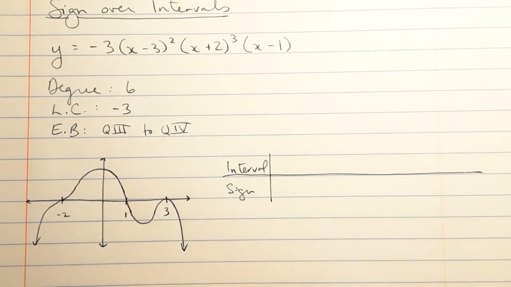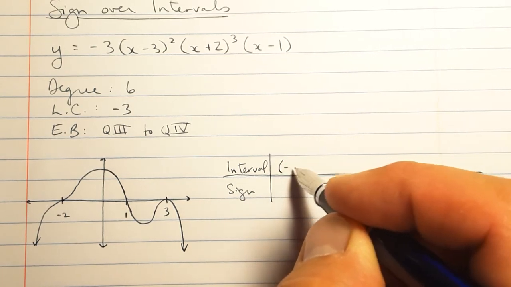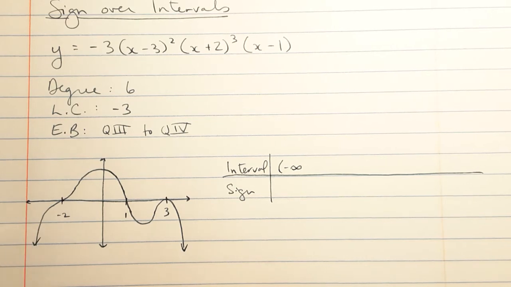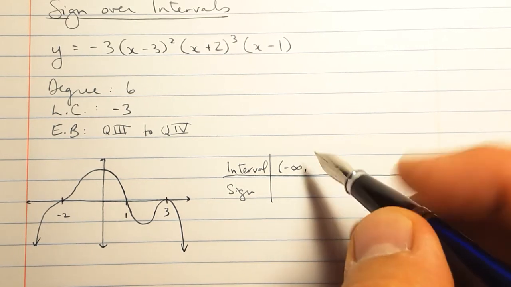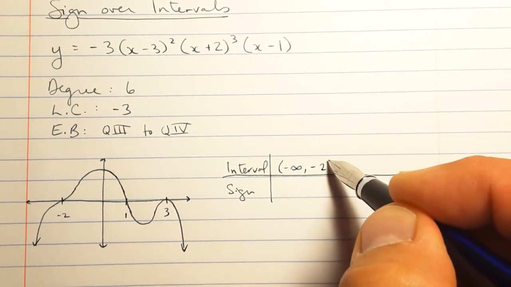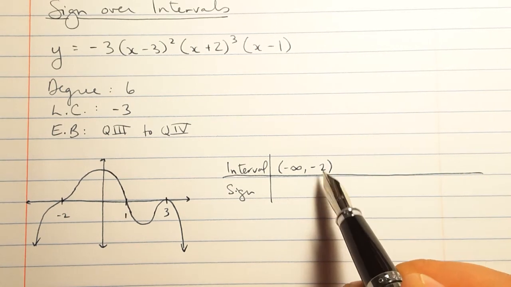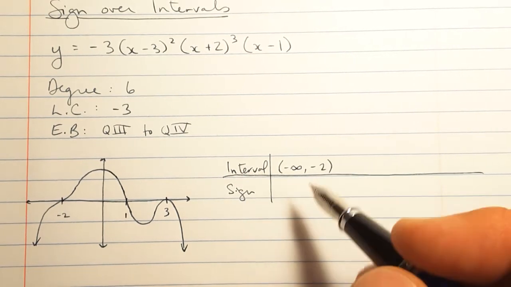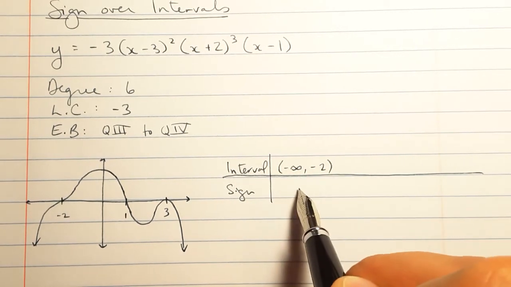So the first interval is everything from the left all the way up to -2, not including -2. So that's negative infinity on the left, so that's the x value, all the way up to -2, but let's not include that because at -2 that is an x-intercept. We know the value of the function there is 0, so it's not really meaningful to talk about a positive or negative sign there.